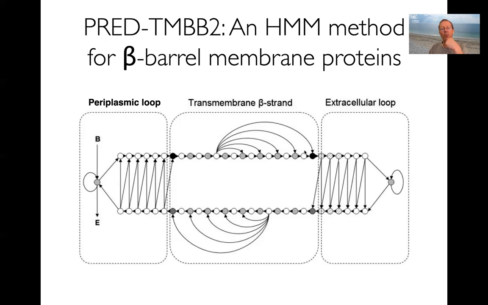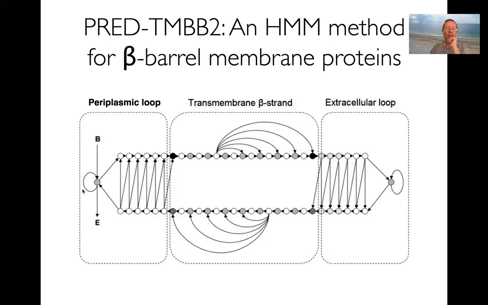And then in order to model different lengths of beta strands, you have the possibility to make deletions, basically, delete states here. And then you have loop states, pretty much as in TMHMM, with extracellular loops that can be anything from just one residue up to whatever this is, 12 residues.